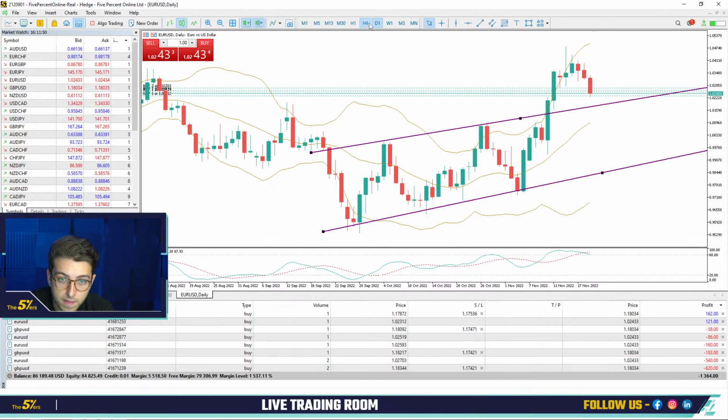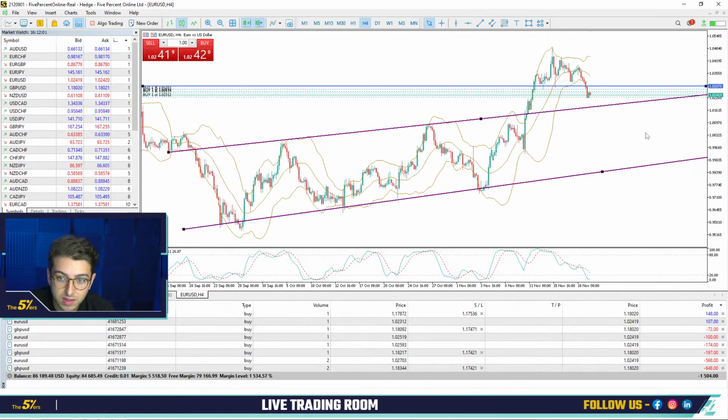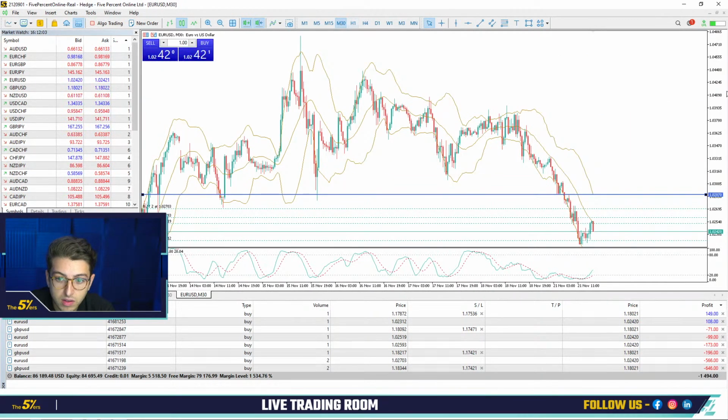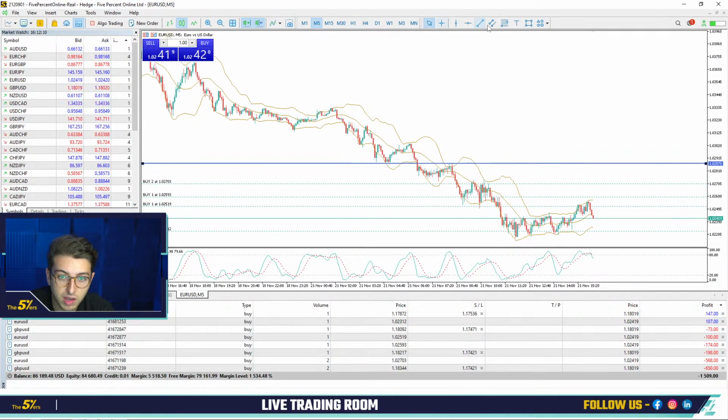Yeah, we will see. I know there was an interesting point here at the breakout. I'm expecting the price to go back. We're going to see if this holds. You see my entry points are all the time at M5 and M15 to enter the market.